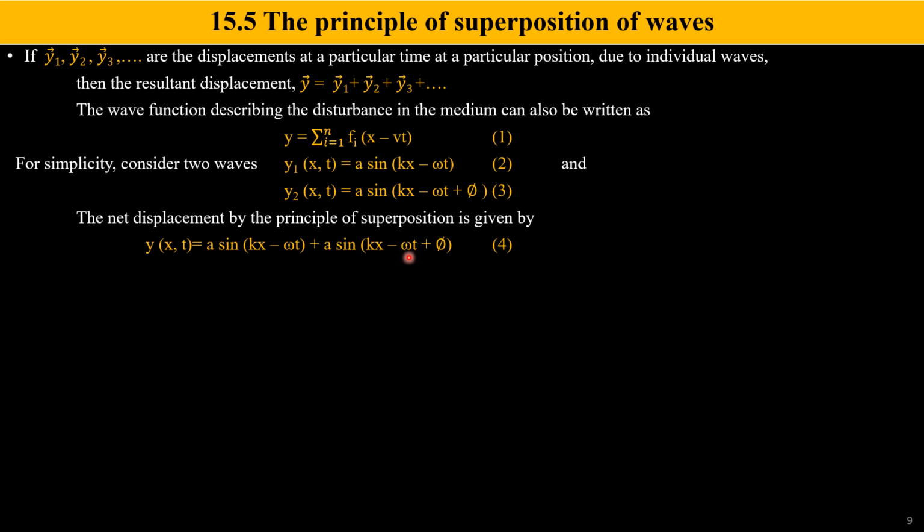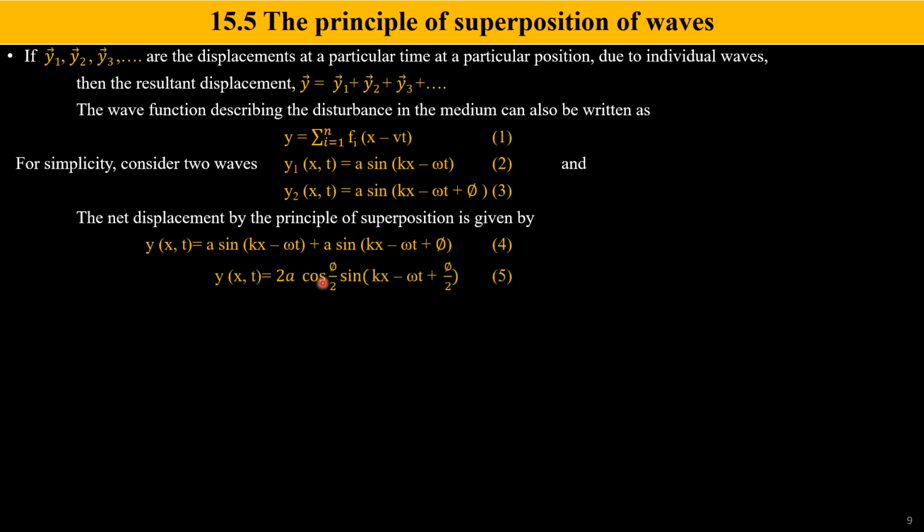This relationship of equation 4 can be simplified using the familiar trigonometric identity for the formula sin A plus sin B, using half angles.